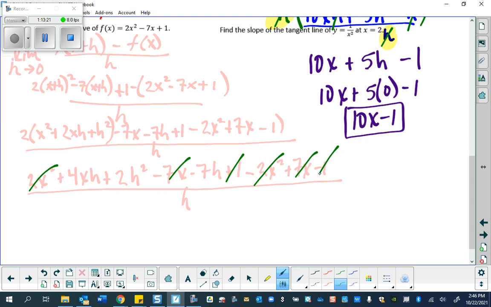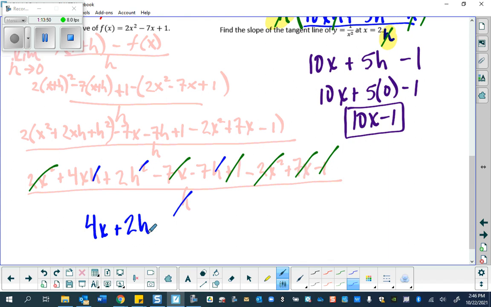I forgot to write the GCF, h. Are you gonna make me take it out slowly, or can I just cross it out? All of that one. Are you making fun of me? I'll take an h out of here, I'll take an h out of there, and I'll take an h out of there. So I end up with 4x plus 2h. What's left?